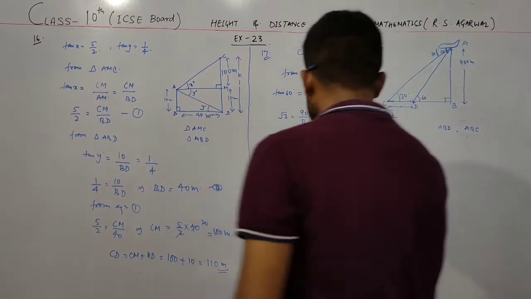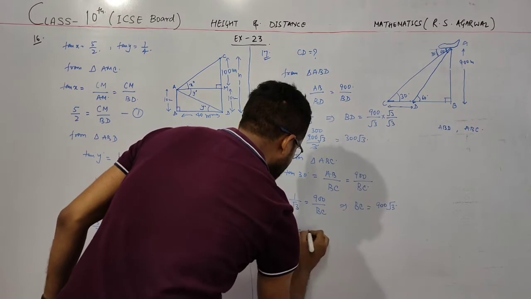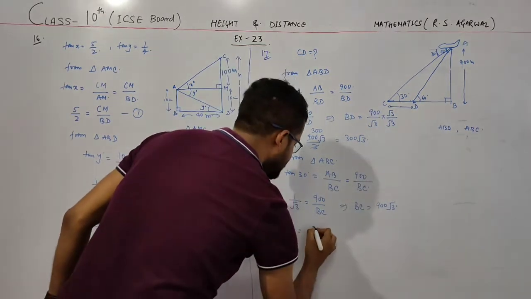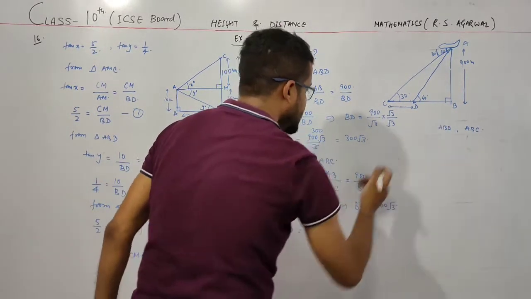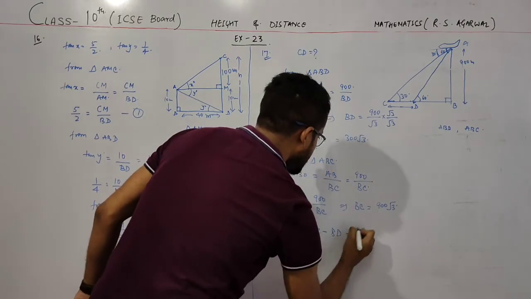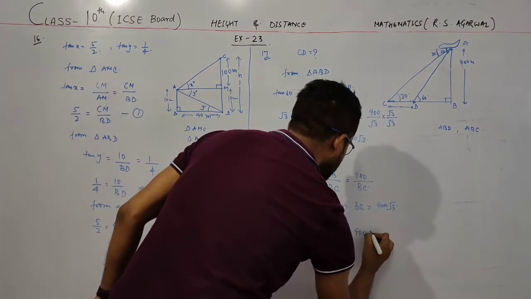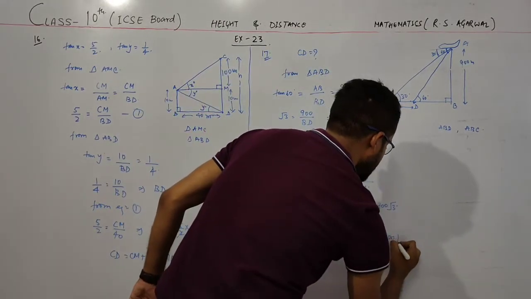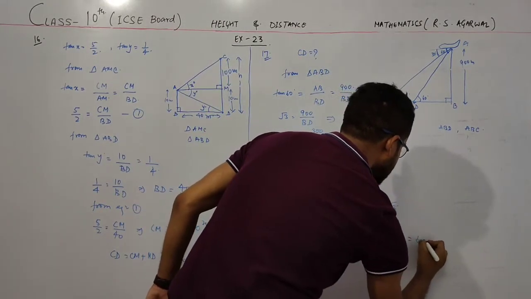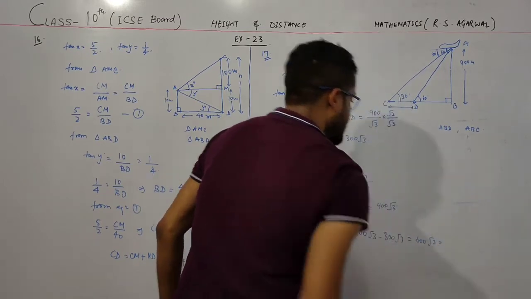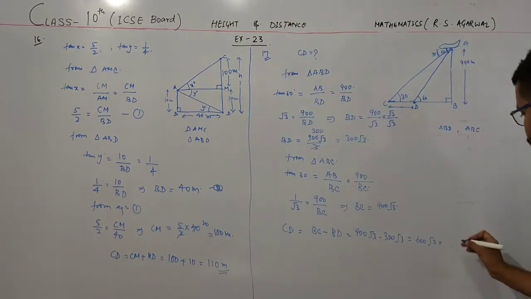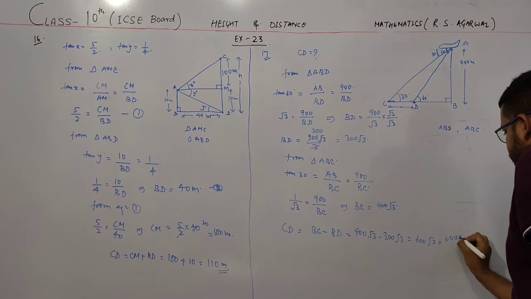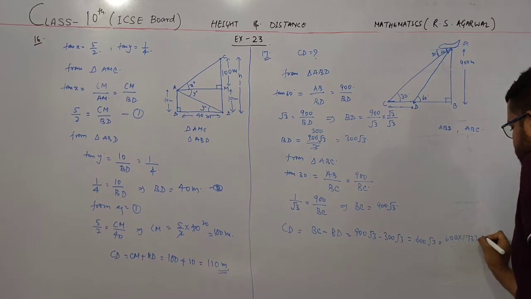So CD is equal to BC minus BD. BC is 900 root 3 and BD is 300 root 3. So this is 600 root 3 and we know the value of root 3 is 1.732.